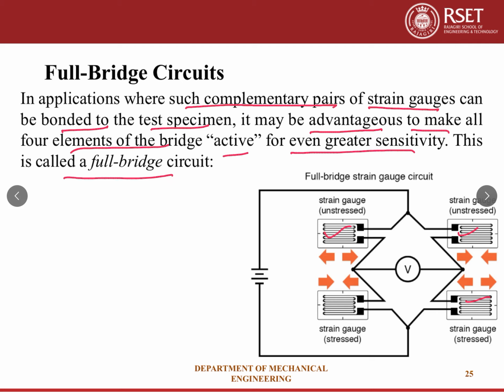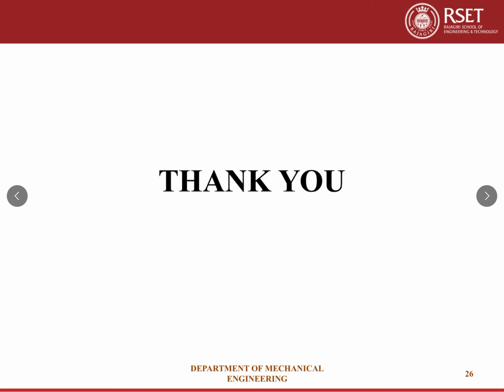This is called full bridge. In certain applications, for complete strain measurement, we need to couple four strain gauges. In those cases, all the arms of the Wheatstone bridge will be replaced by strain gauges. So that is the full bridge arrangement.